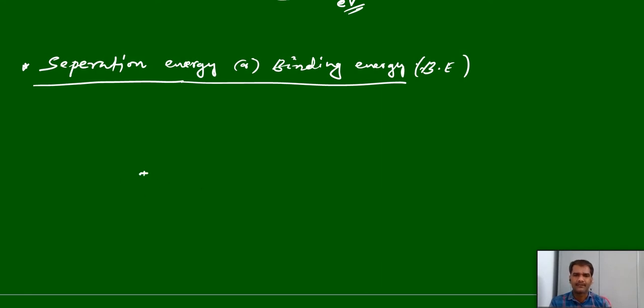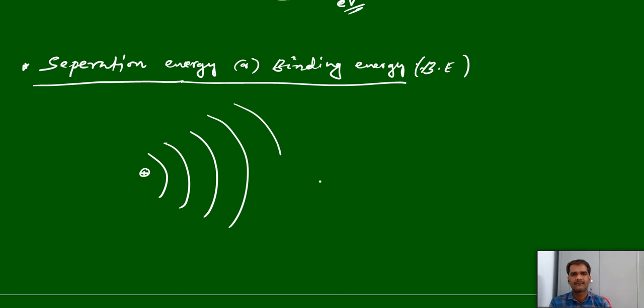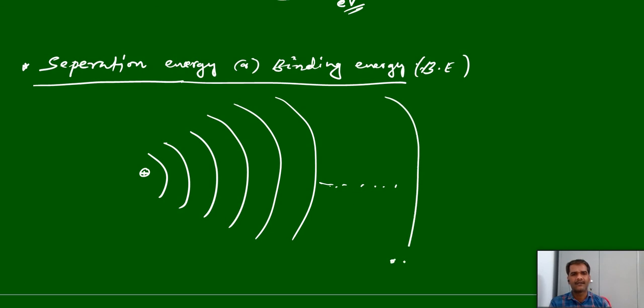Again, we have somewhere here the nucleus, then after that various shells. After that, we have one infinity shell where n equal to infinity, and here n equal to 1, 2, 3, 4, 5, 6, and so on. We have so many. First, if you excite an electron from the first shell to the second shell, third, that is excitation energy.